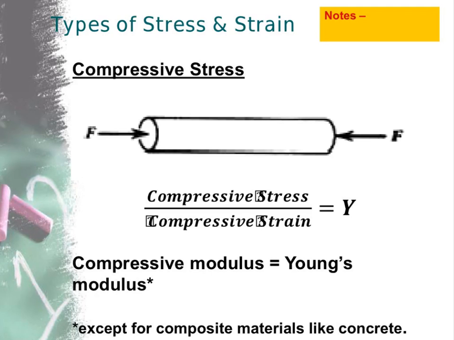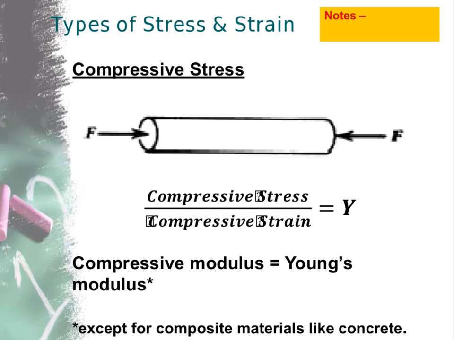Now another type of stress that you can put on an object is called compressive stress. It's the exact opposite of tensile stress. Instead of pulling apart, we are now pushing together. We are trying to squeeze these ends together and squish this rod or this tube, whatever you want to call it.